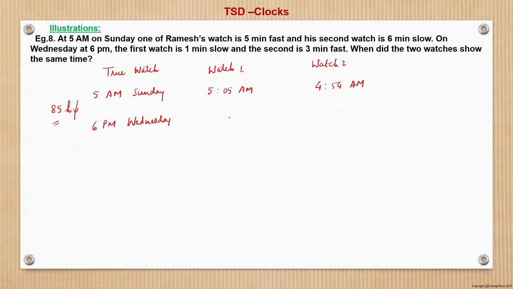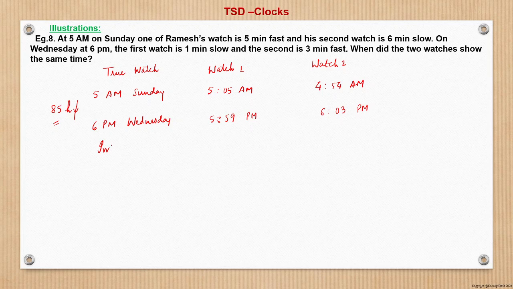And at 6 p.m. Wednesday, the first watch is 1 minute slow, so it's showing 5:59 p.m. And the second watch is 3 minutes fast, so it was showing 6:03 p.m. Right. So what is the net gain or loss here?